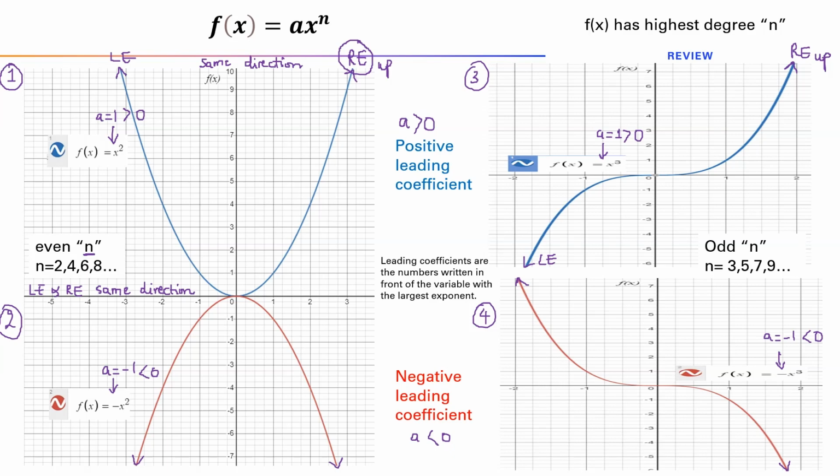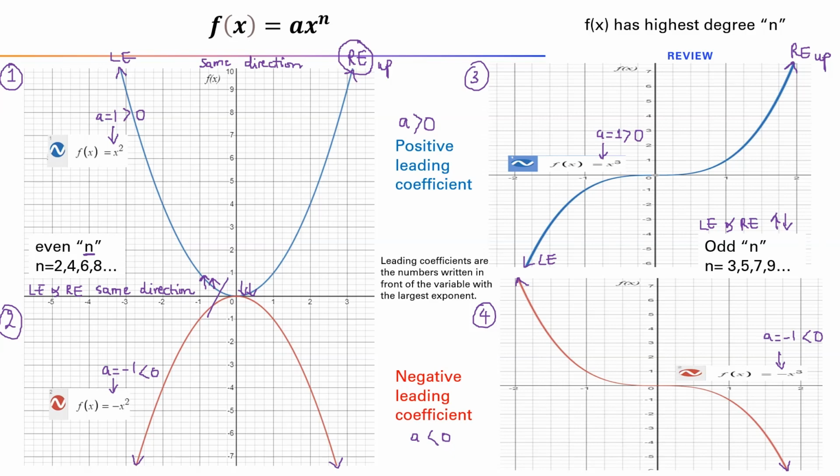And for the odd n, equal to 3 in this case, the left end will be in the opposite direction from the right end. So left end and right end are in opposite directions, one goes up, one goes down. For the even case, same directions: if it's up, it goes up; if it's down, it goes down.